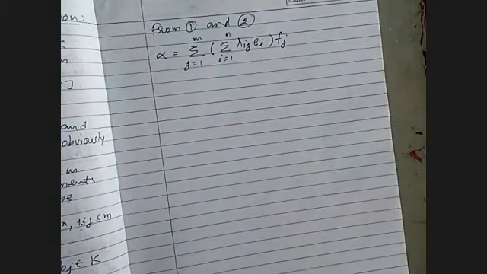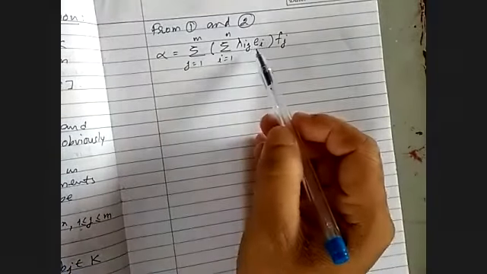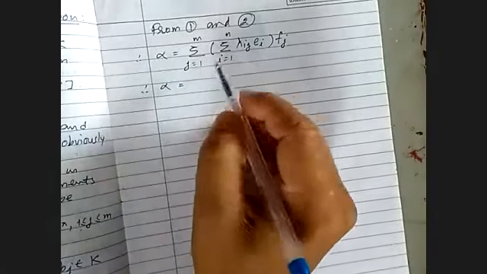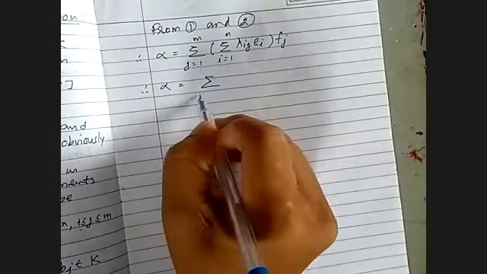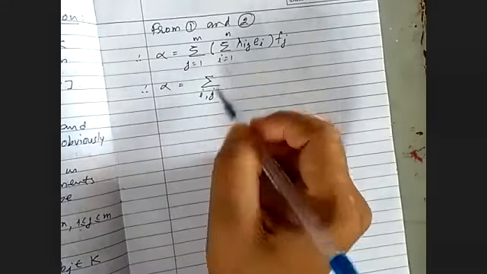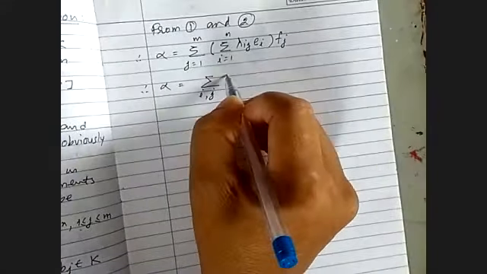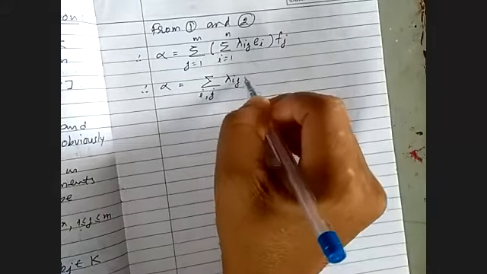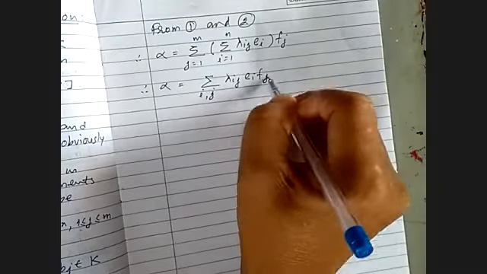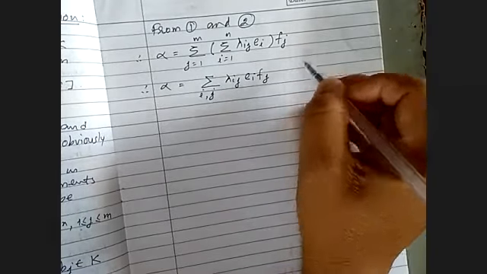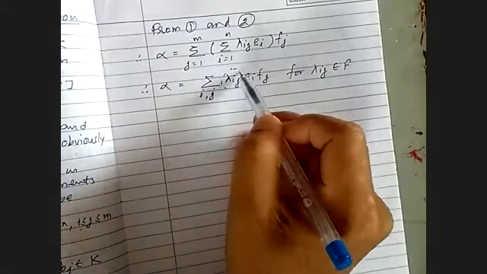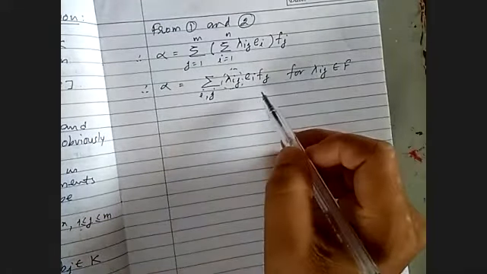I have substituted the value of Bj. Therefore, alpha can be written as a single summation over i and j, where i moves from 1 to n and j moves from 1 to m, of lambda ij Ei Fj. This lambda ij is from F.